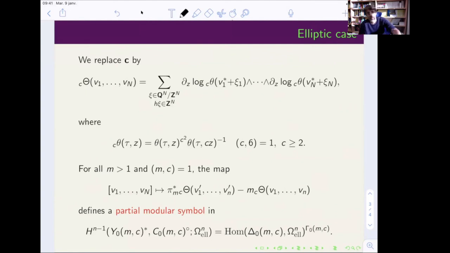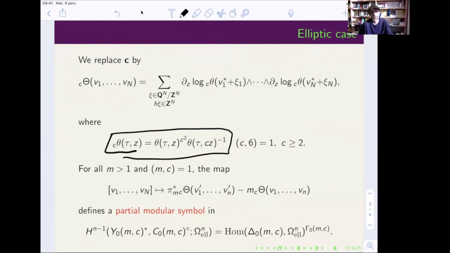One way is to replace the cotangent function by this function usually denoted theta c here, that is really periodic by a lattice, because the theta function is not Z-periodic. But if you smooth it a little bit like that, then it becomes a really periodic function, and all I have said before translates in the same way.